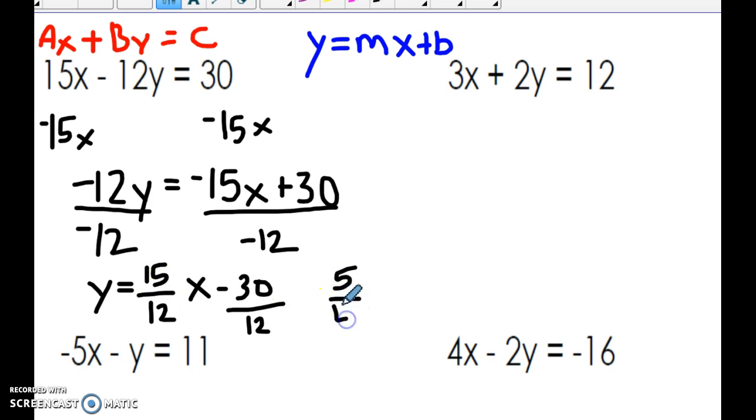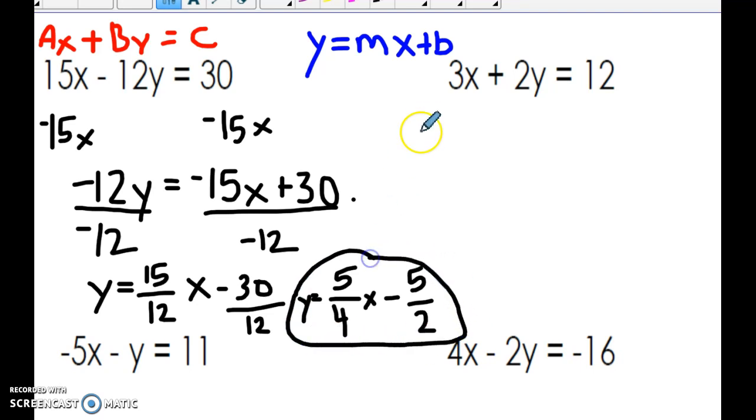So this can be 5/4 x minus, and I think 6 can go into both of these. So 30 divided by 6 is 5, and 12 divided by 6 is 2. And I can make it minus 5 halves. Could you just leave it? Yeah, you could just leave it. You could leave it y equals negative 15x plus 30 over 12. So you could leave it this way, but I think this is going to be the best way to put it. Okay, let's look at the next one.